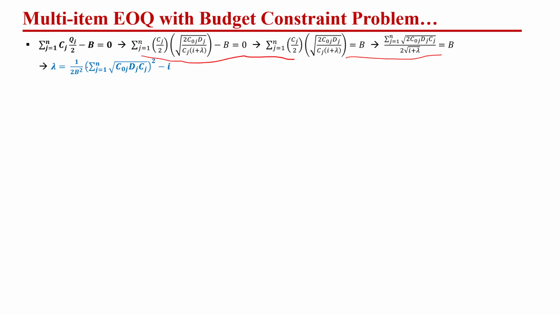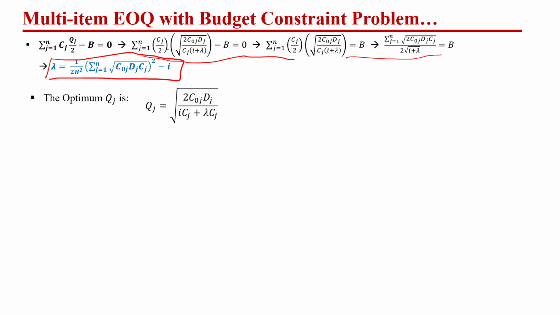After simplification, I have got the value of this lambda, which is basically equal to 1 over 2 into the budget squared, the amount we have restricted, sum j from 1 to n, the order cost of product j, demand, unit cost, square root, and then squared, minus the carrying rate, or you can say the interest rate.